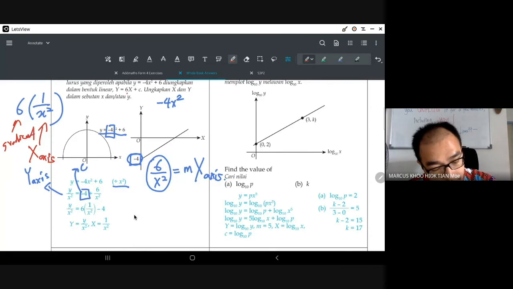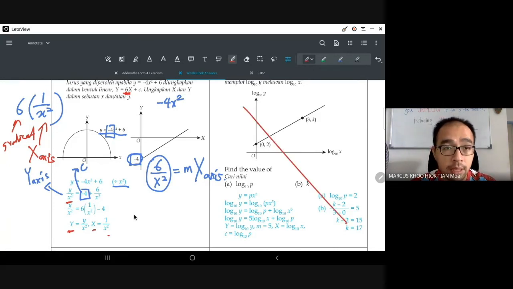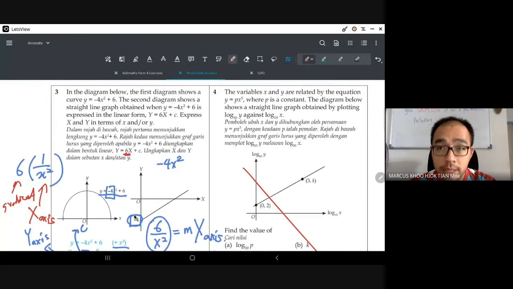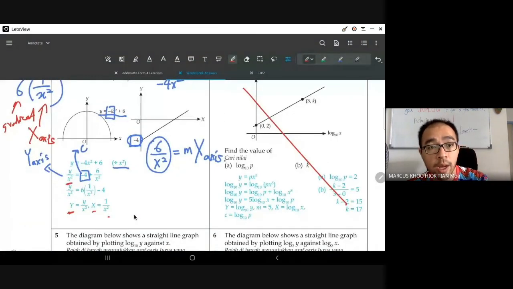So now our y-axis equals y over x squared, and our x-axis equals 1 over x squared. Number 4, don't look at it yet because we haven't learned it yet, but number 3 is the one I want. Obviously number 3 is a little bit challenging, because we have to take one and then look at the other one and try and see.